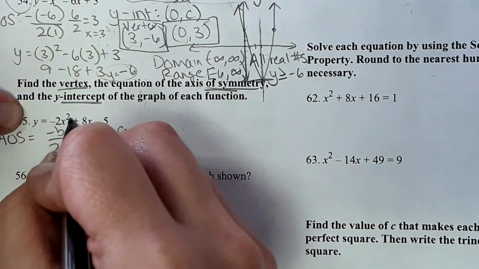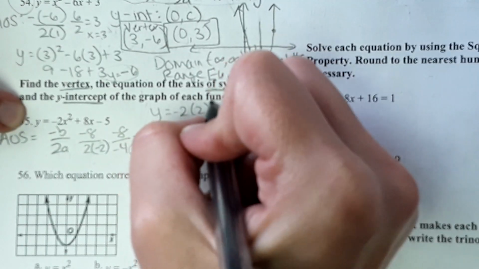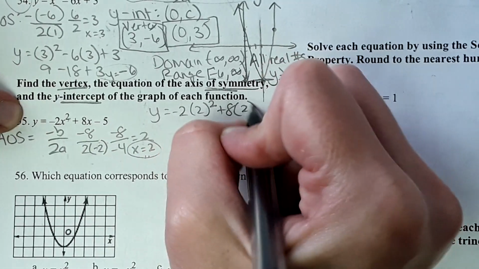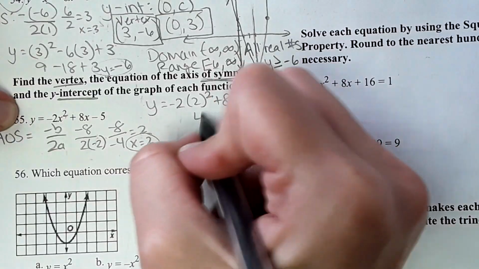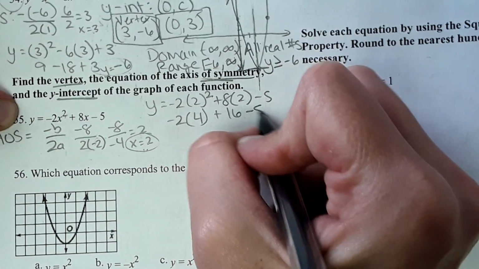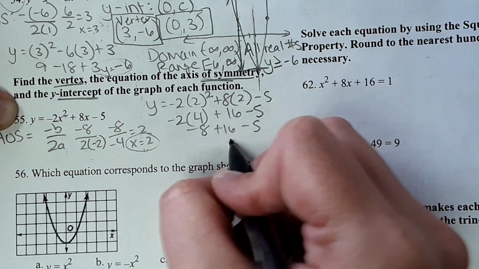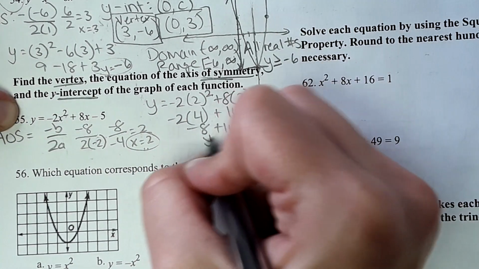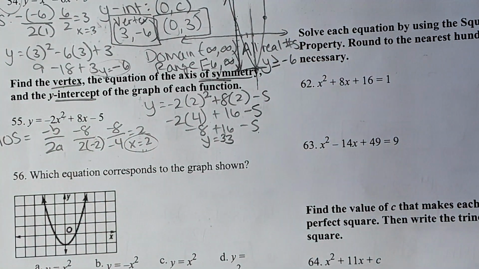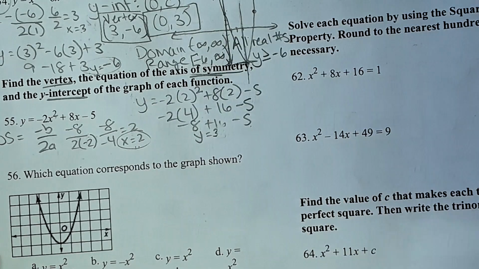Then to find the vertex, I'm going to plug that in. Y equals negative 2. Have that. So I have 8 minus 5, so that's 3. So y equals 3. Okay, so why did I write 3 twice? I don't know. Okay, y equals 3.